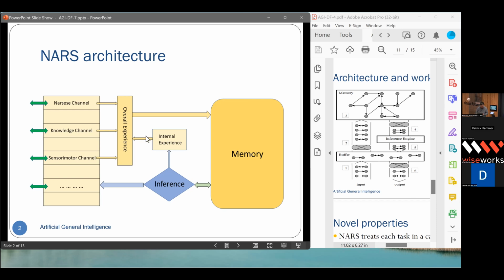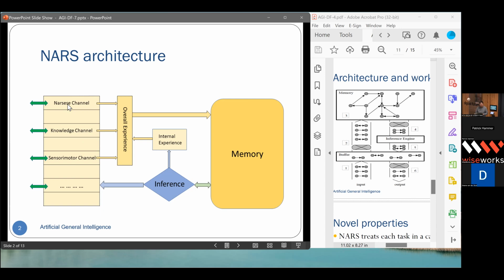It's just that now we actually have a whole bunch of buffers. This is what we call the overall experience buffer, which basically serves the same role as this one. But instead, we dedicate some of the function to a few other buffers. This one is what we call the internal experience buffer, which directly holds the direct result from the inference engine. Also, not shown in this picture but implied, there is at least one buffer within each input-output channel.